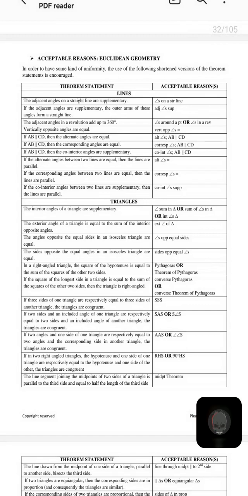In grade 8 and 9, when we teach as teachers, we tend to be a little bit open when it comes to the reasons. But in grade 10, 11, and 12, there are no jokes, no fun and games. We are very stringent because we need uniformity in the reasons that we use.